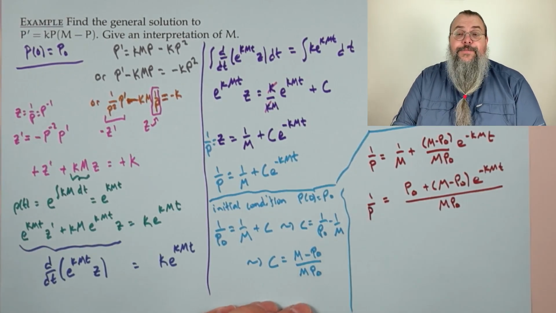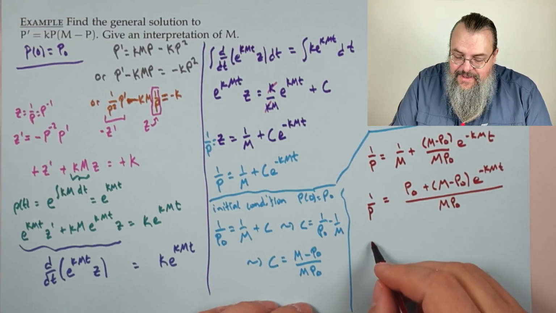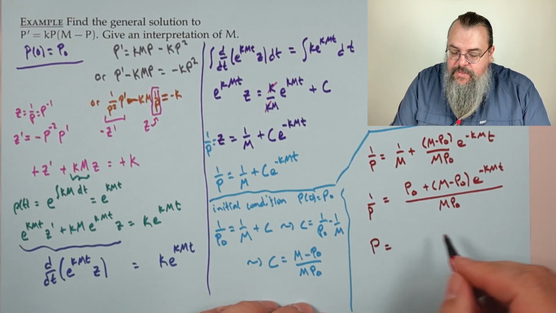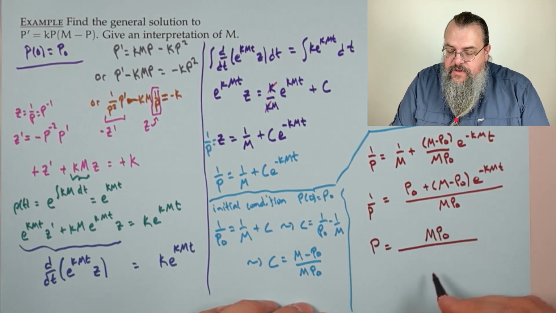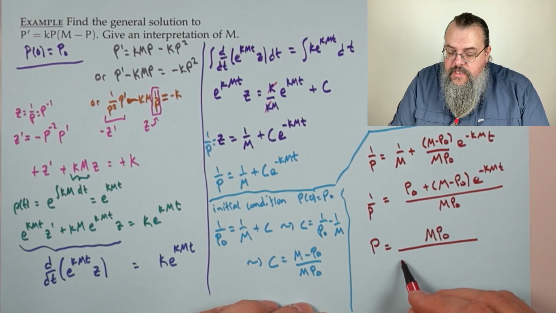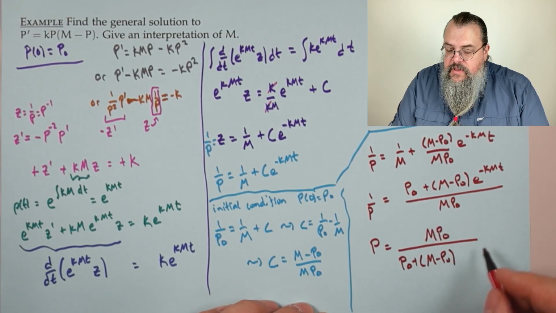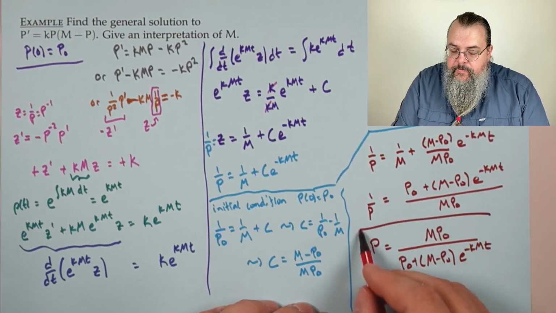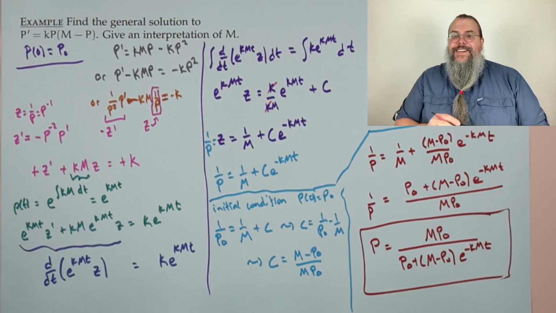We needed to solve for p, so flip both sides, and we come to the conclusion that p is upstairs m p0, downstairs p0 plus (m minus p0) e to the minus kmt. And we're done.